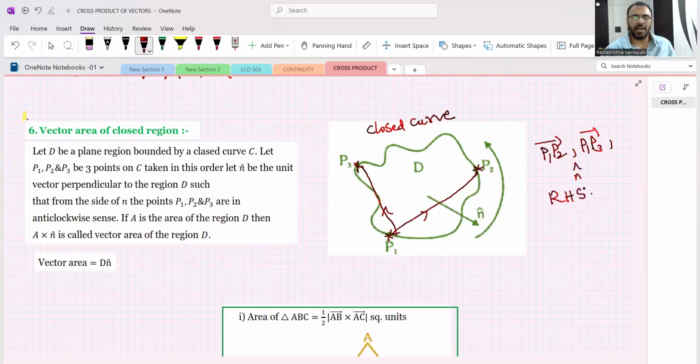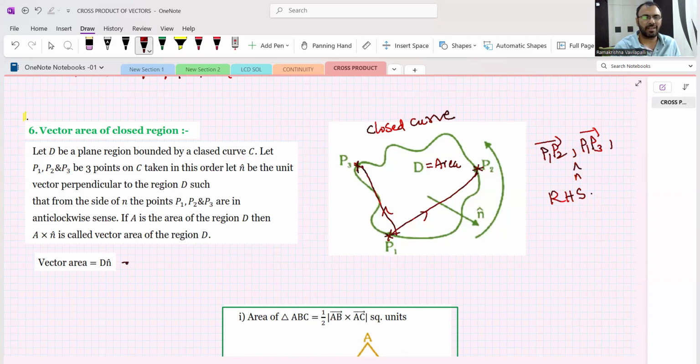Assume that the scalar area of this closed region is D. This is the area of this closed region. If you multiply this scalar area by the unit normal vector, then you will get the vector area.